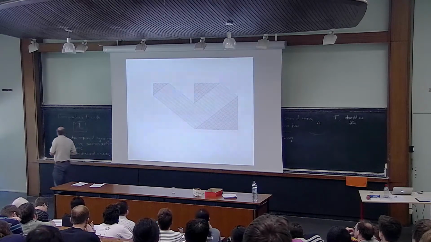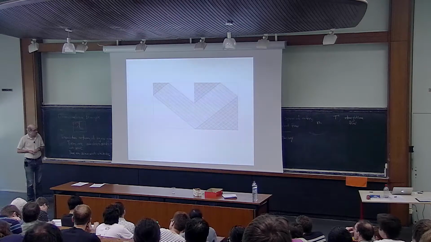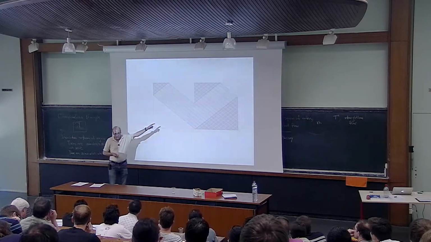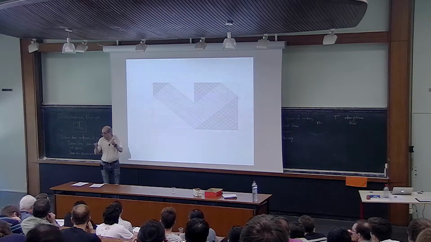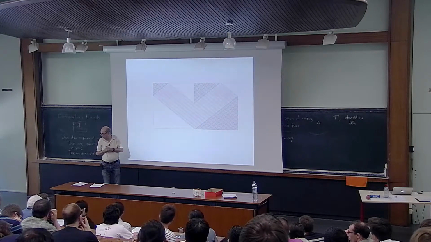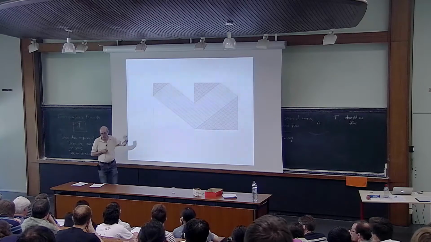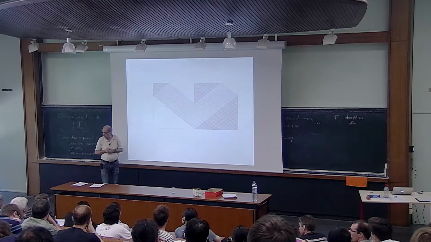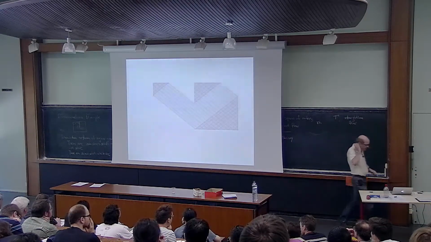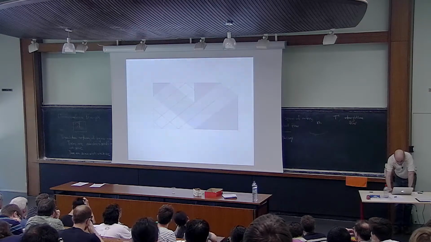We can build on this example to create this second phenomenon, orbits which are dense but not uniformly distributed. Okay? So in this table, I want to construct an orbit that fills up the table but spends more time on the right-hand side than the left-hand side. Uniformly distributed orbits will spend the same amount of time on both sides. So what I want to do is take this slit picture and modify it a little bit in a suggestive way.